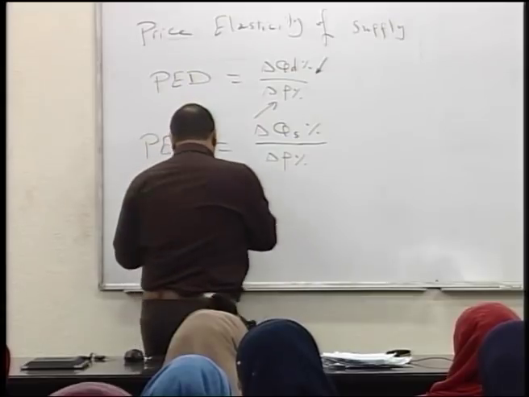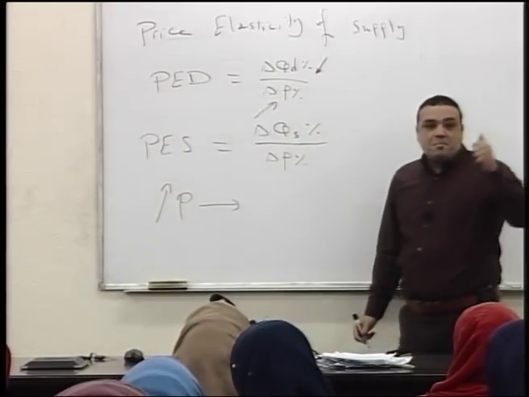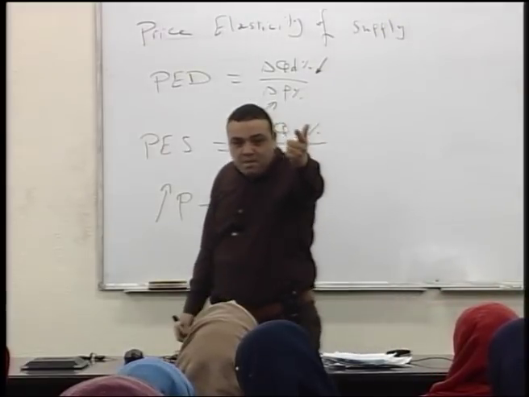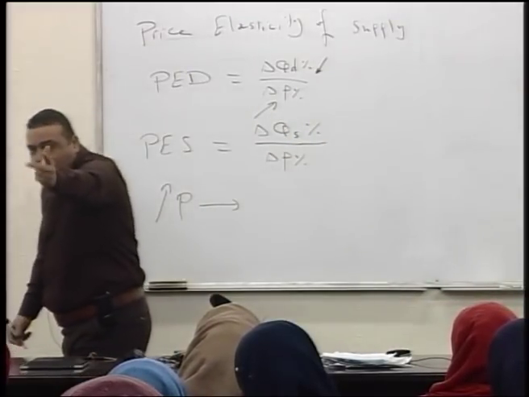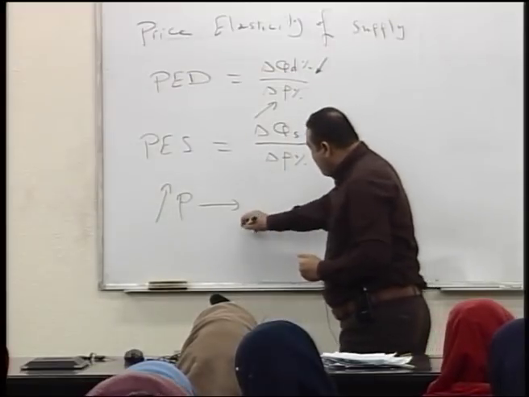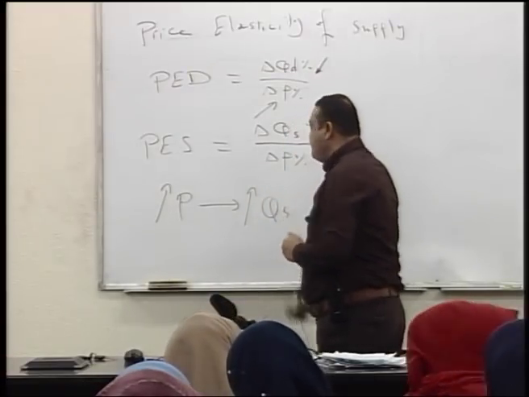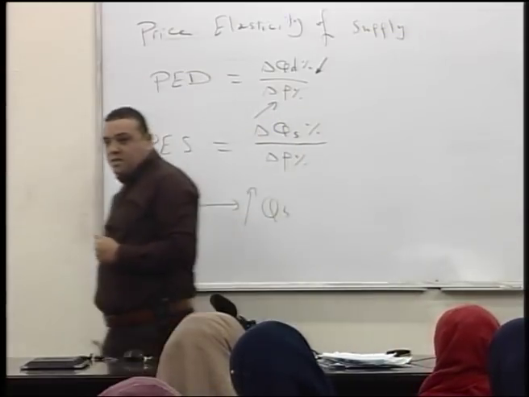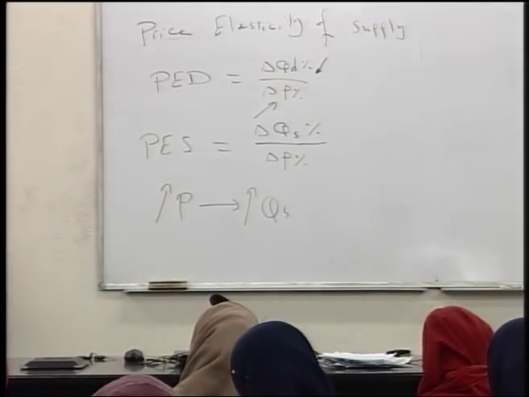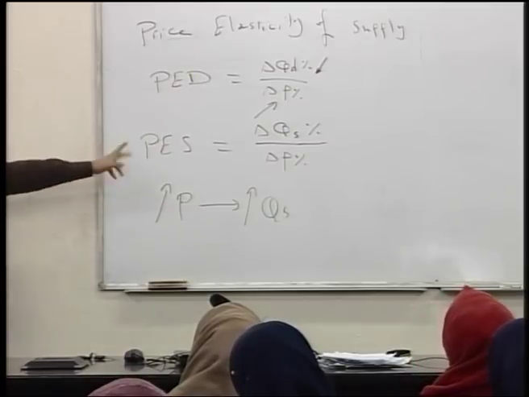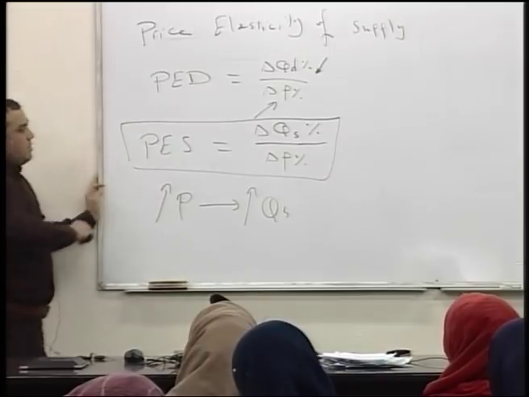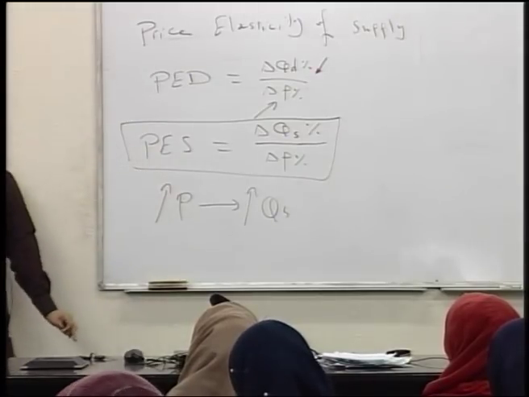As the price goes up, the profits go up, the ability to produce goes up, the willingness to produce goes up as well. So there is a positive relationship between the price and the quantity supplied, which is represented by the price elasticity of supply.